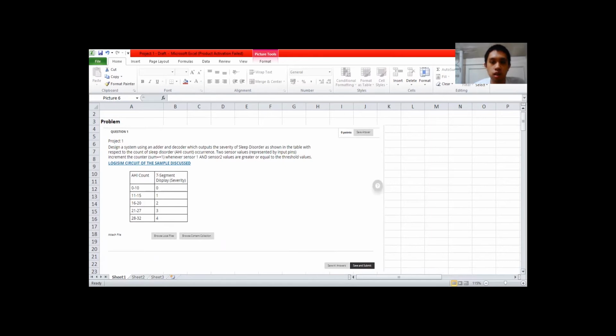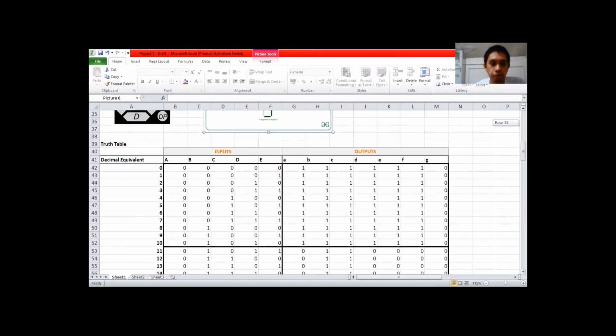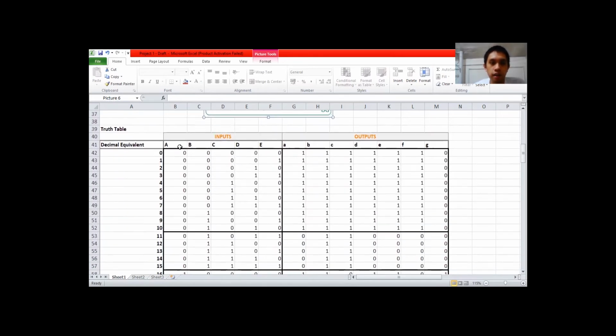So for the truth table, the binary form of all the AHI counts are obtained, which will be essential to determine which input it is, because different AHI counts have different inputs as defined, which depends on their binary value.